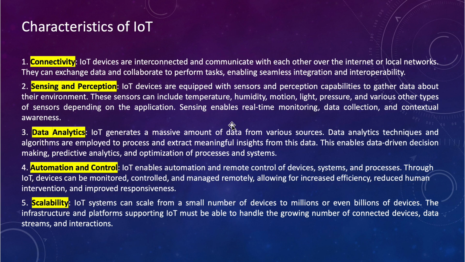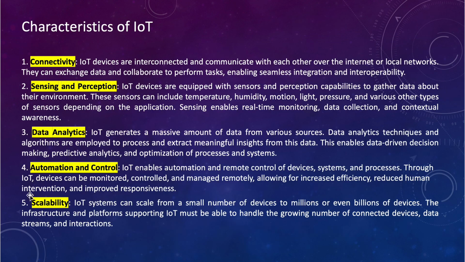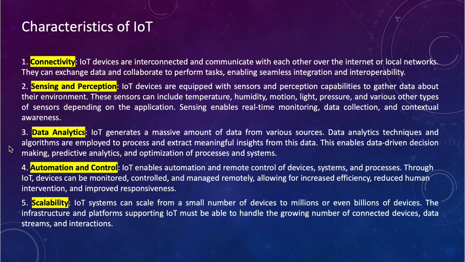When I say characteristics, we took an introduction to applied IoT, and when that IoT is applied either to solve specific challenges, improve processing, enhance decision making, or create value, right? When those IoT technologies, solutions, or IoT systems are applied to a specific domain or industry, these are the characteristics that could be seen in such an IoT scenario, right?